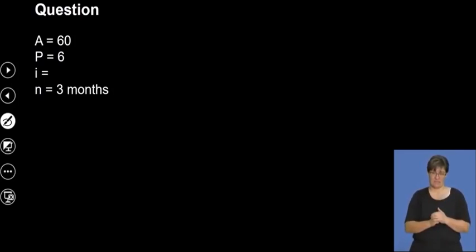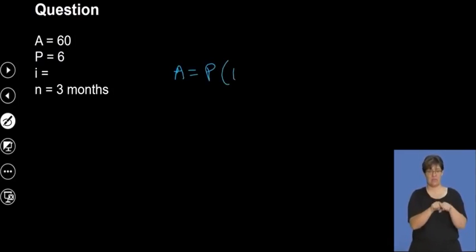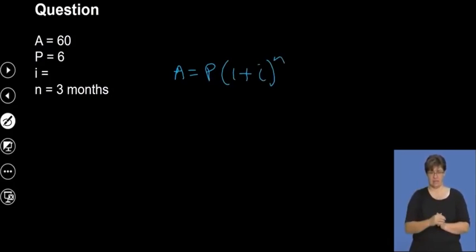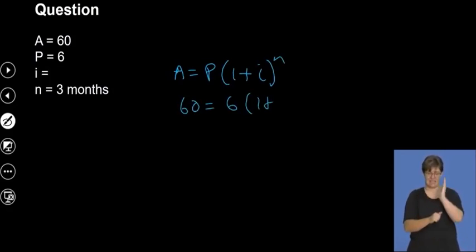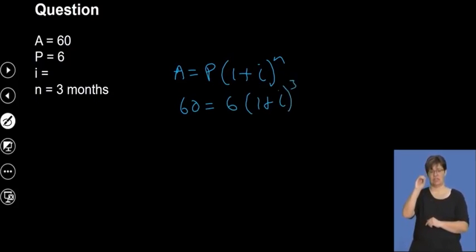We want to find what is our rate of growth there. So A is equals to P into 1 plus i to the exponent of n. And then the 60 is equals to 6 into 1 plus, I'm trying to find my i, to the exponent of 3. And this is just for 3 months.